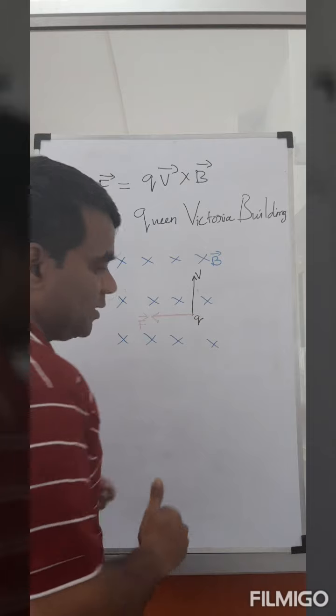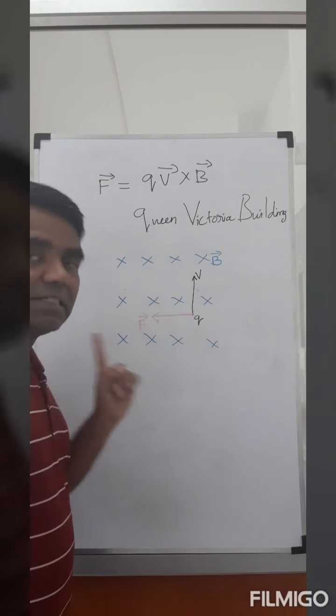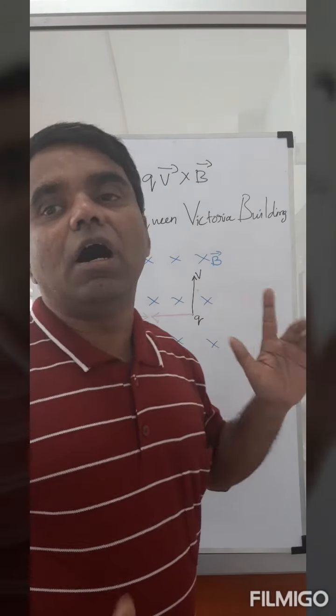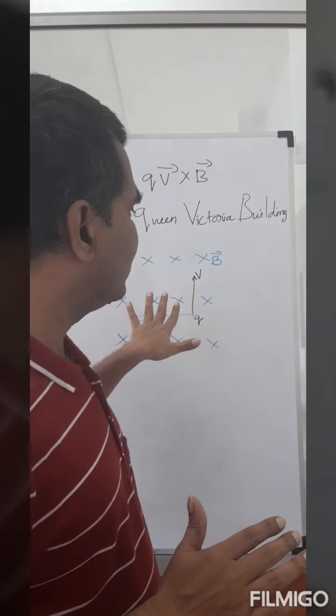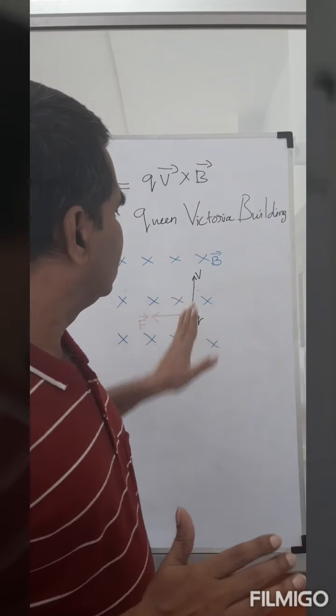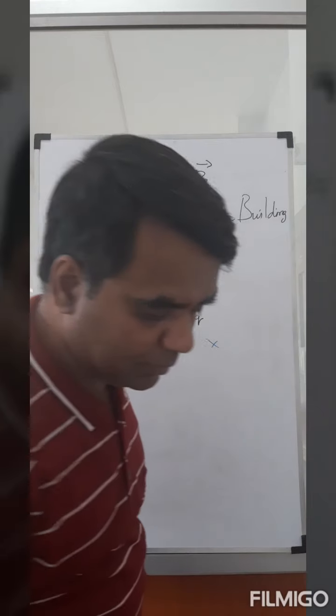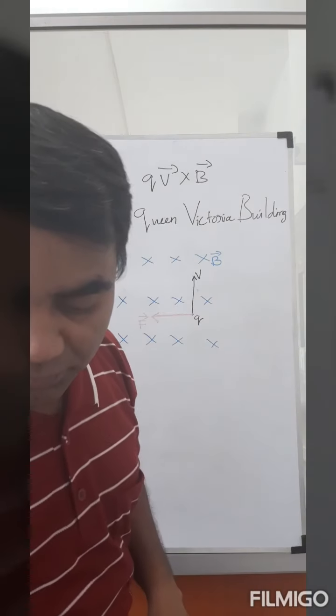Okay, it will bend. But as it bends, does the angle between B and V change? It doesn't.